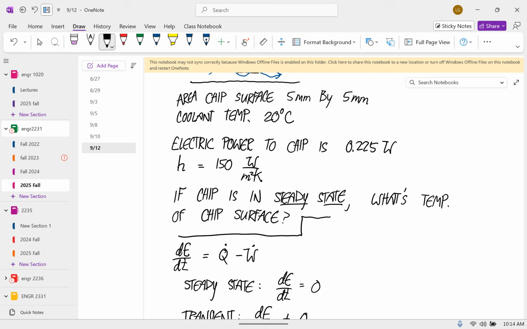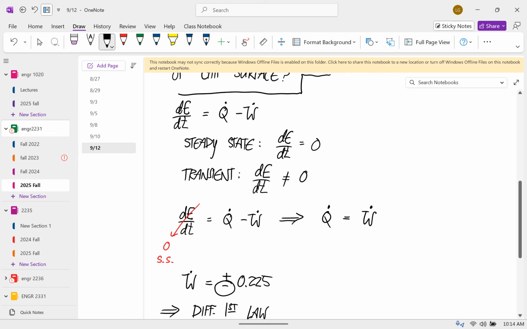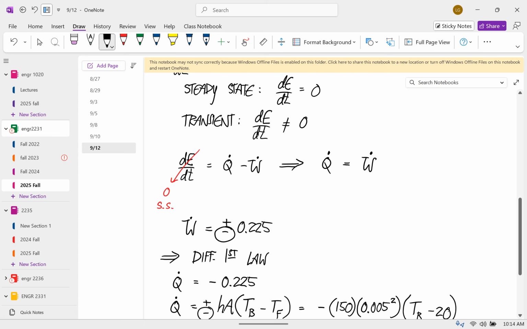And remember that the sign convention says work dot is positive if it's being done by the system on the surroundings. In this case, we have work being done by the surroundings on the system, so it's negative. And then from there, we knew, if W dot is negative, then Q dot has to be negative.